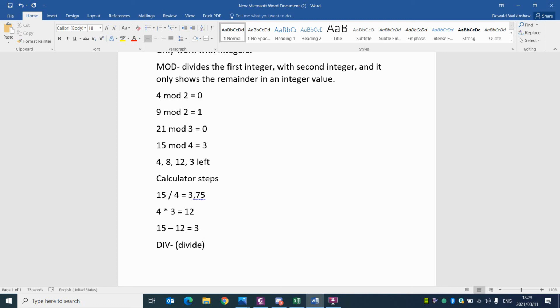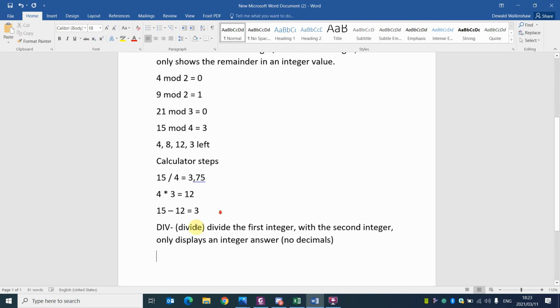But the only trick with divide is you are gonna divide the first integer with the second integer. So it's almost like the mod. It's divide the first integer with the second integer, but now it only displays an integer answer.